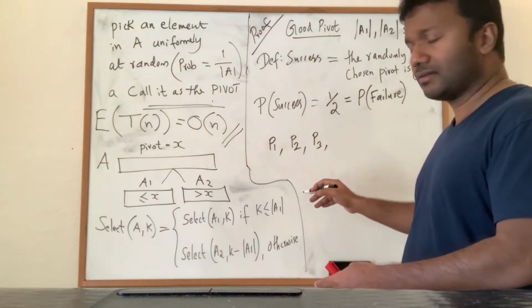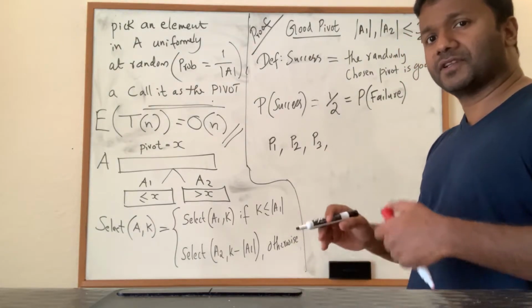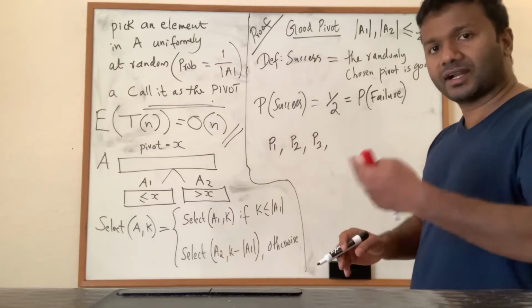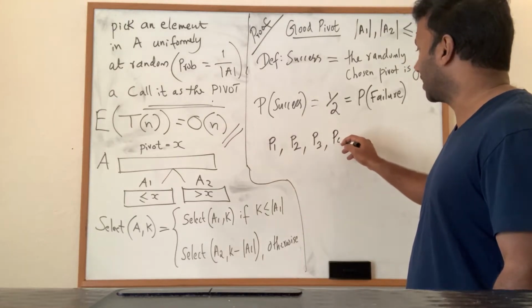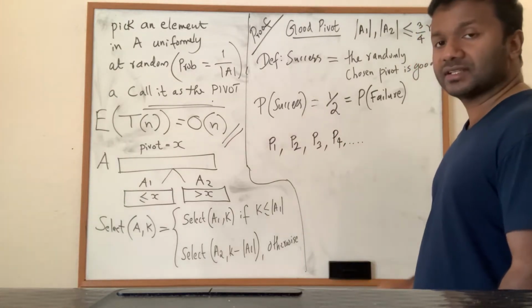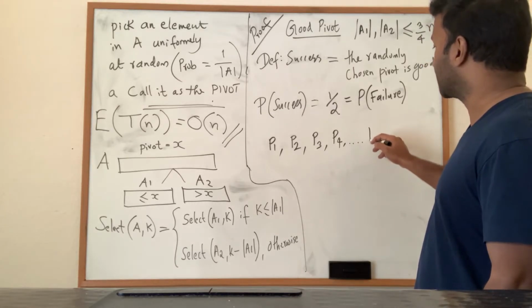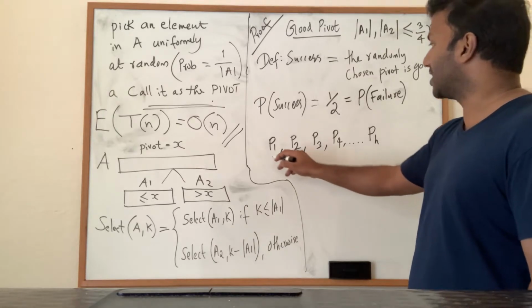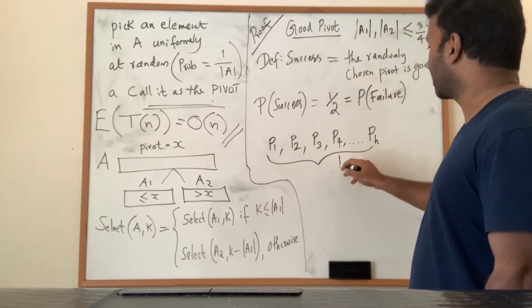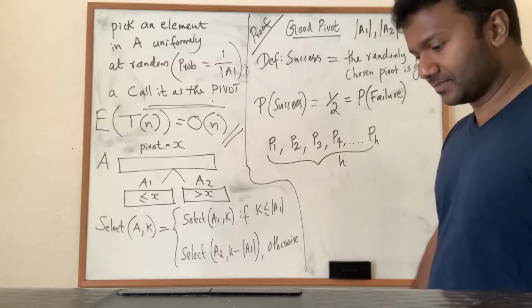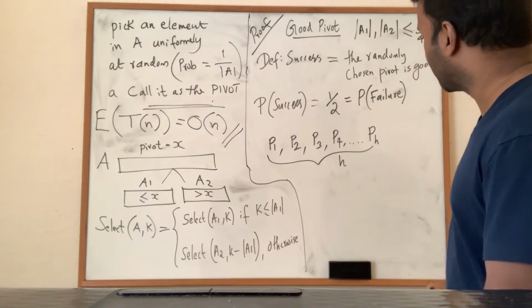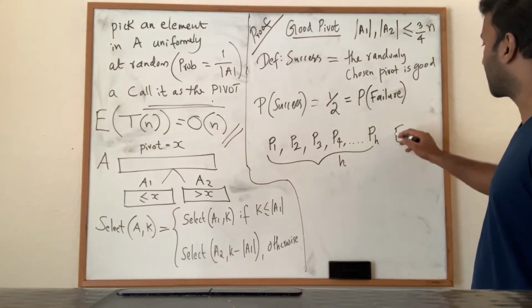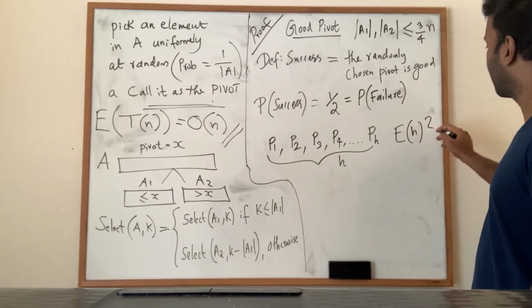If it is good, I'm happy. If it is not good, then I will discard and look for another one. Let's say I will keep on doing these experiments until I find the first success. Okay, let's say I have done this experiment h times. And what I'm interested to know is what is the expected value of h, right?